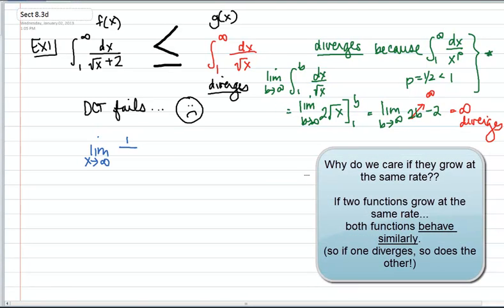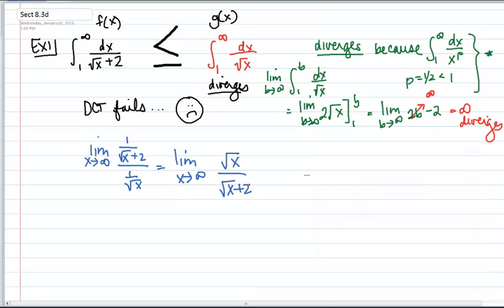So if I compare 1 over square root of x plus 2 and 1 over square root of x as x goes to infinity, let's see what happens. I can flip this fraction, so I have square root of x over square root of x plus 2, and as x goes to infinity, the plus 2 kind of doesn't matter, so all I have is that this equals 1, therefore the two functions grow at the same rate.